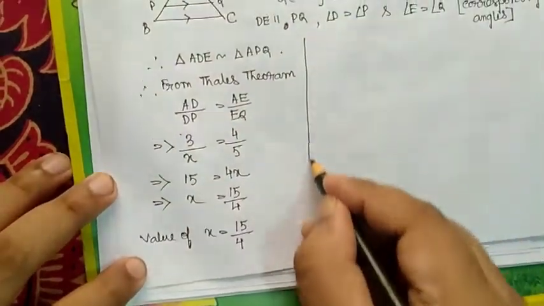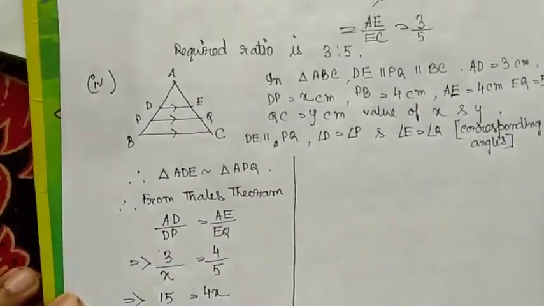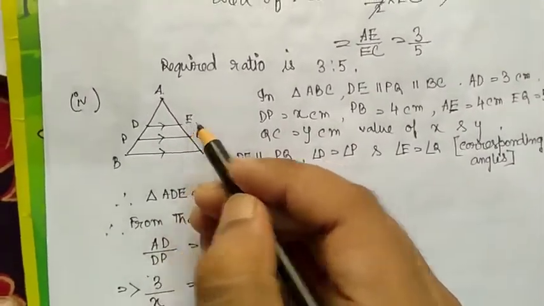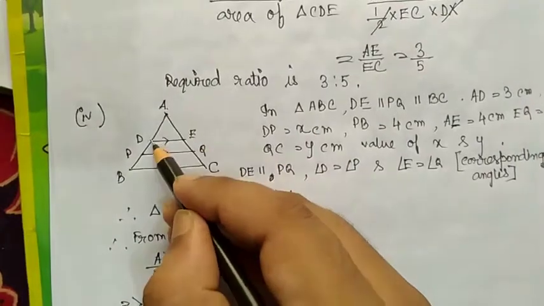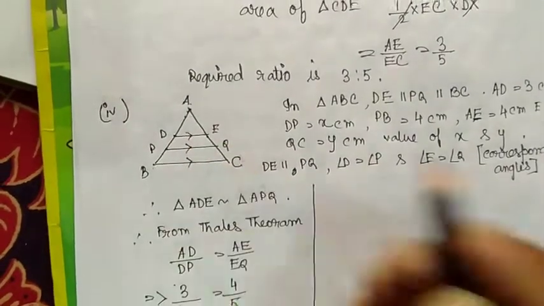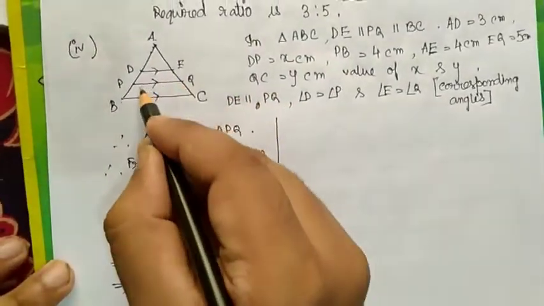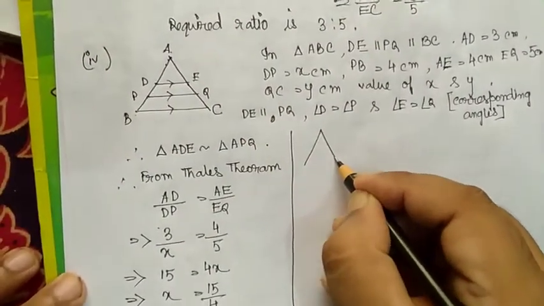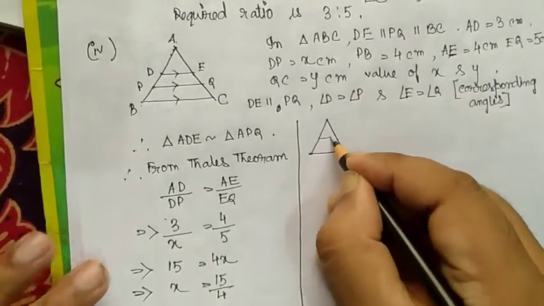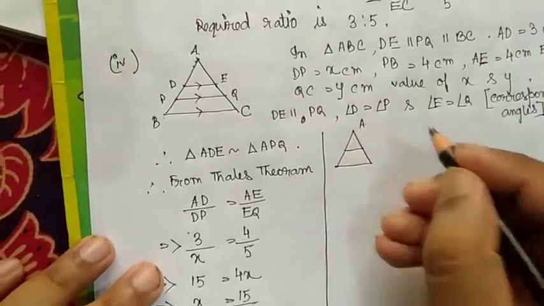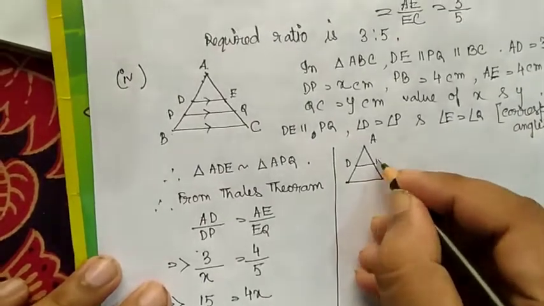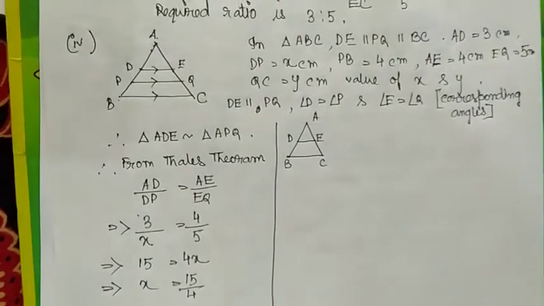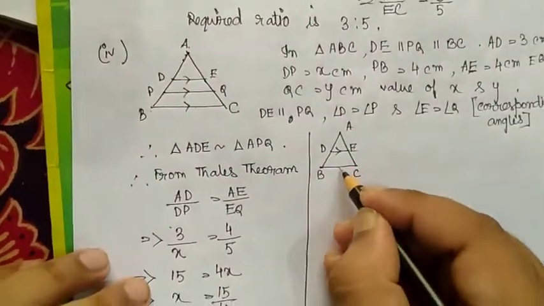Now we have to deal with triangle ADE and triangle ABC. Let us assume that PQ is not here. This is ADE, this is BC. We know that these two are parallel.